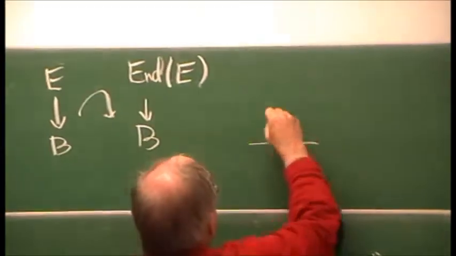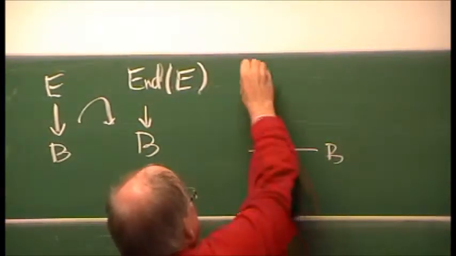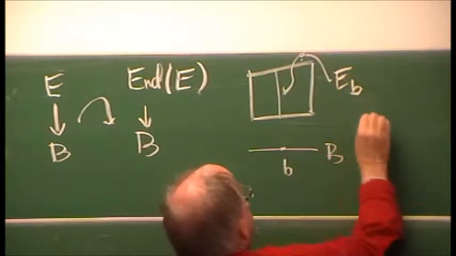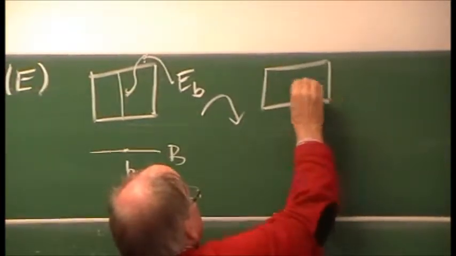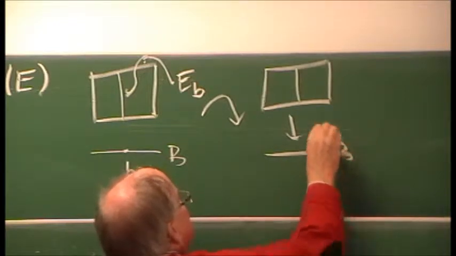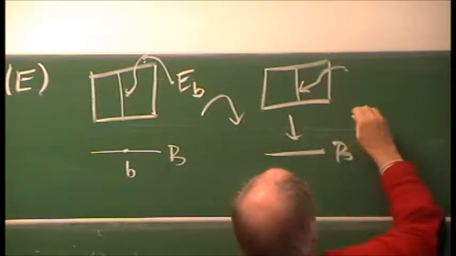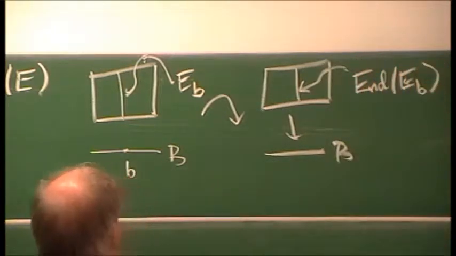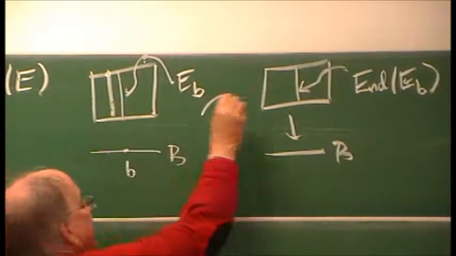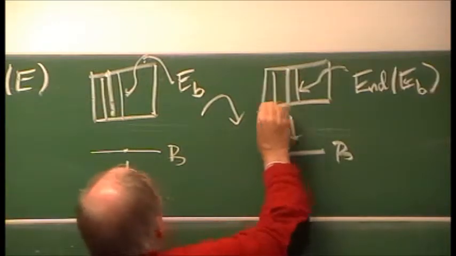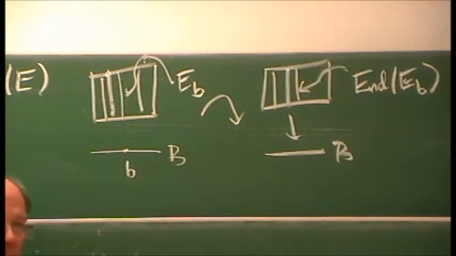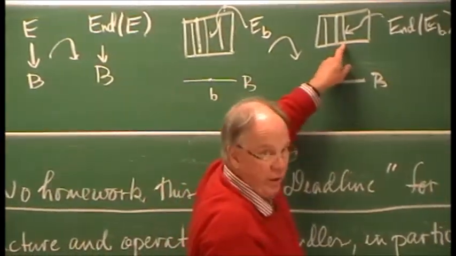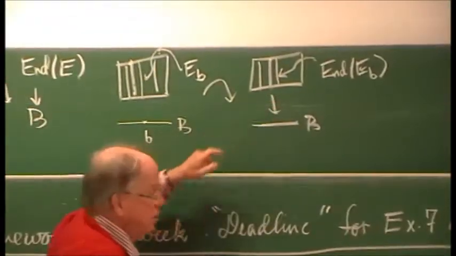That means if I have here a base point B, and I have the usual bundle upstairs with the fiber E_B, then I replace this whole situation, same base, but instead of the vector space, we have the endomorphisms of that vector space for every B. Of course, if this is a bundle of rank R, the fiber dimension is R, then the rank over here will be R squared, because these are effectively, in a basis, matrices.